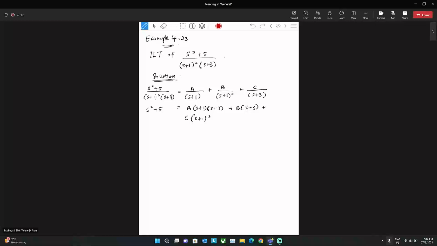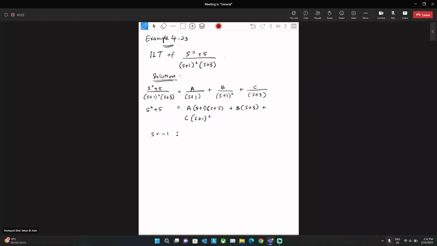Now I prefer to start with s equal to -1, because I want to solve for b, and then the a and c parts become 0.